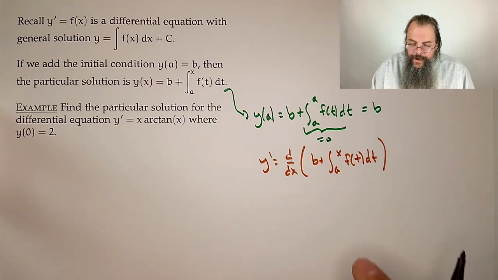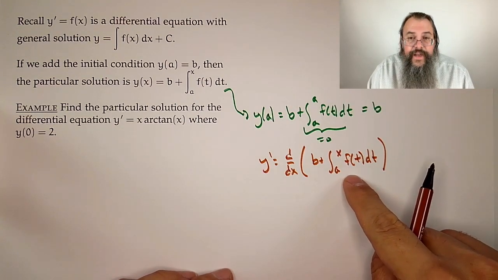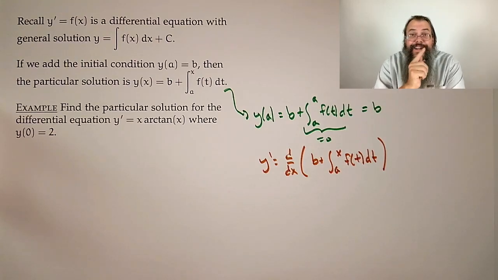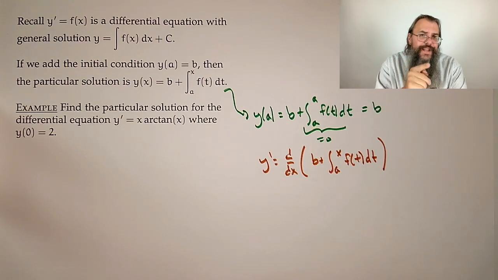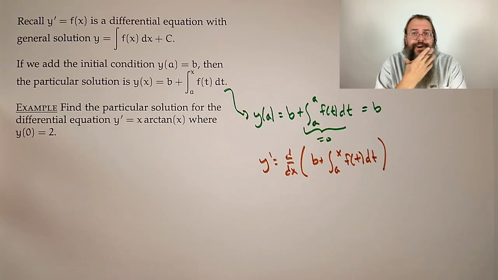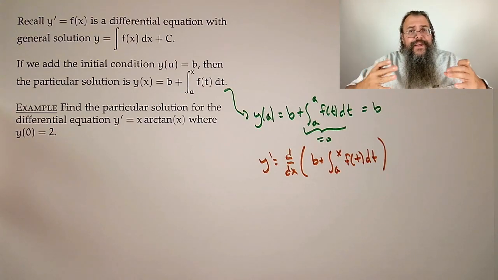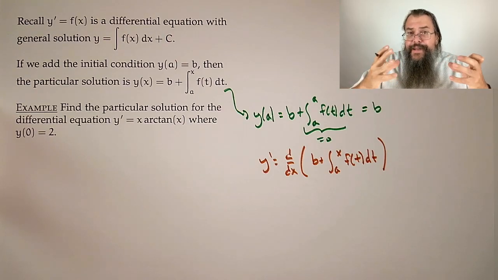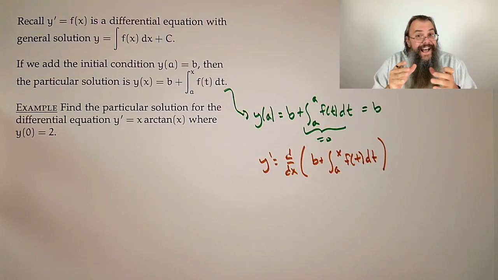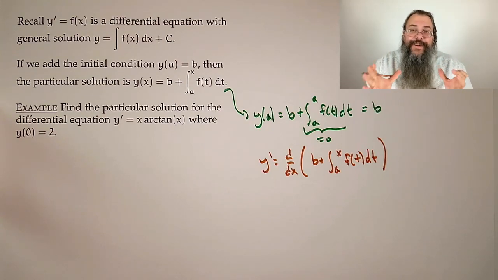Okay, that's fine. What's the derivative of the integral from a to x of f of t dt? Do you remember that? It seems like it's a really important fact. One might even call it a theorem. And it seems so important, we might even say it's very fundamental to calculus. Yeah, it's the fundamental theorem of calculus.